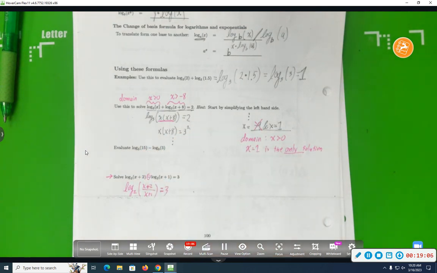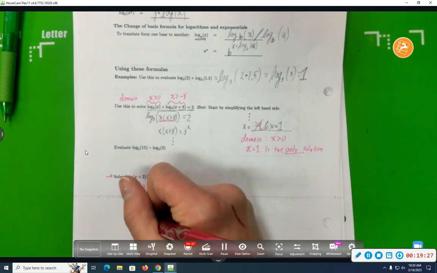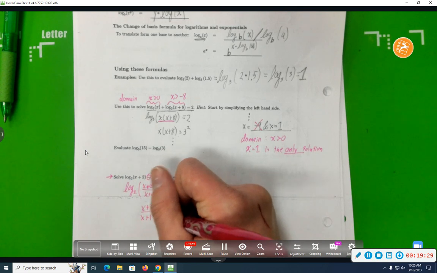What should I do next? Yeah. Change it into an exponential. Perfect. The whole point of getting it into a single log is that you can get rid of that single log by rewriting in exponential form. Ooh, and I'm going to do something wrong.